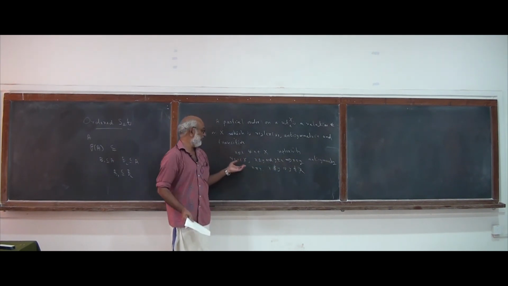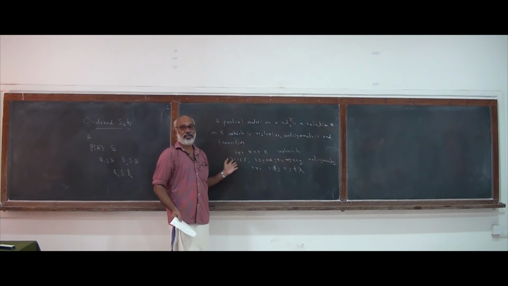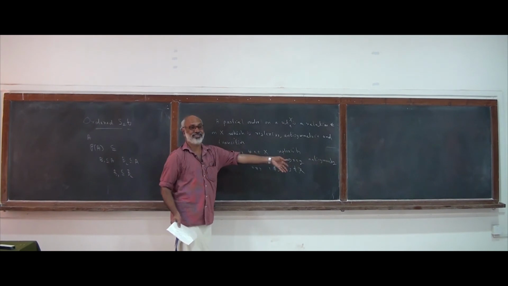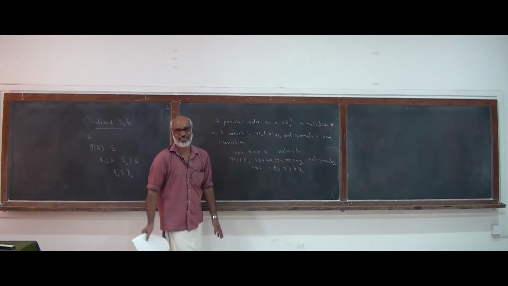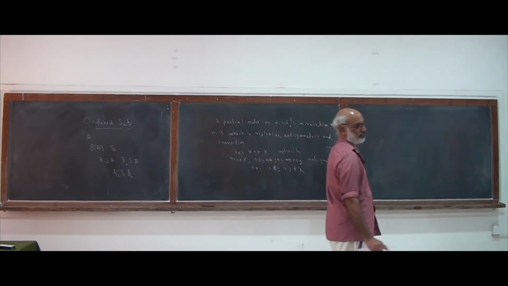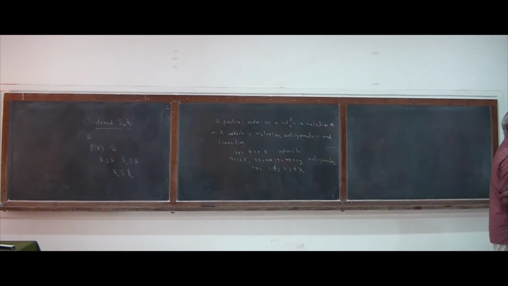Or to state it in another way, for every x and y, x less than or equal to y and y less than or equal to x implies that x is equal to y. These two things are one and the same. One is the contrapositive of the other implication.